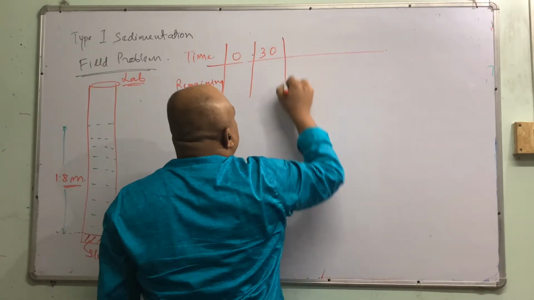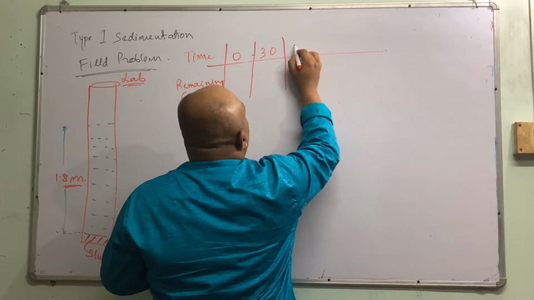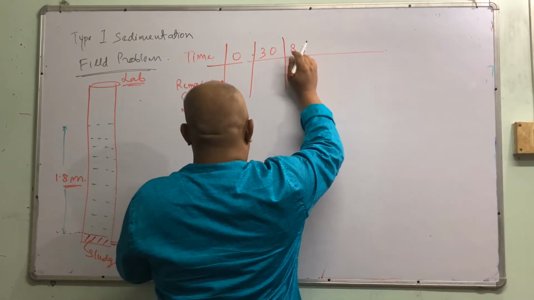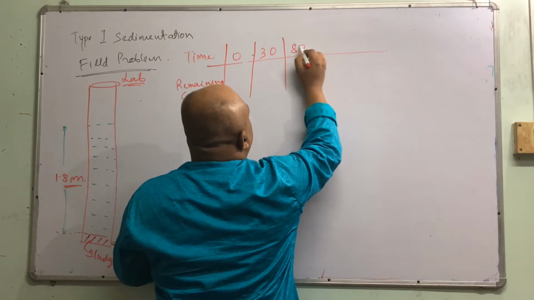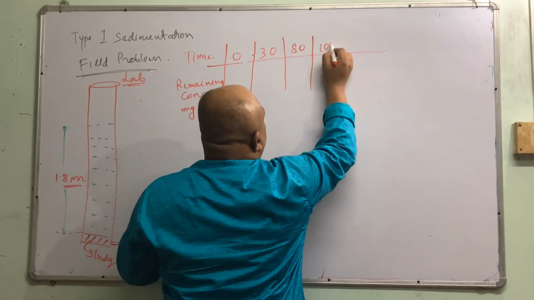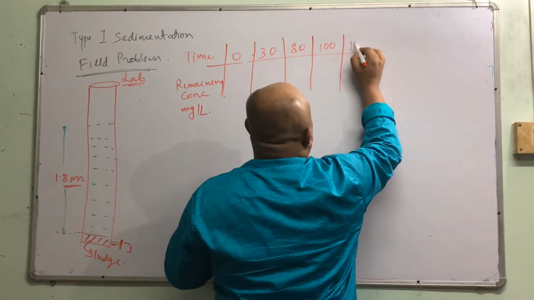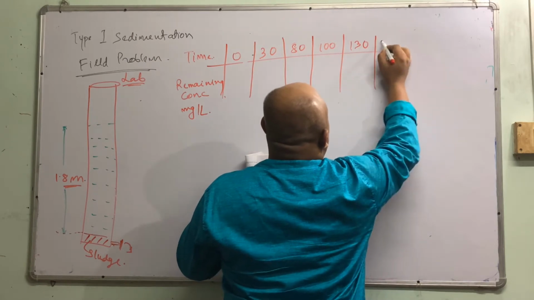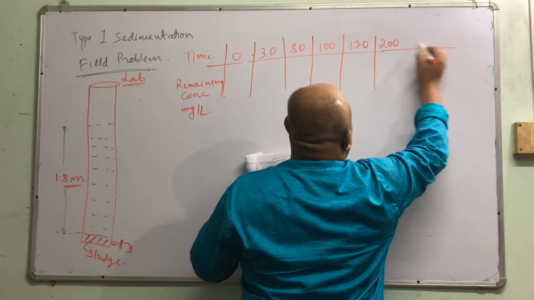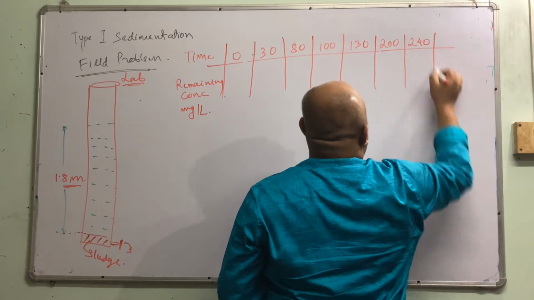Then you estimate after, I think, it's up to you, I'm just getting it from some textbook, after 80 minutes, after 100 minutes, and then after 130, 200, 240, 420.